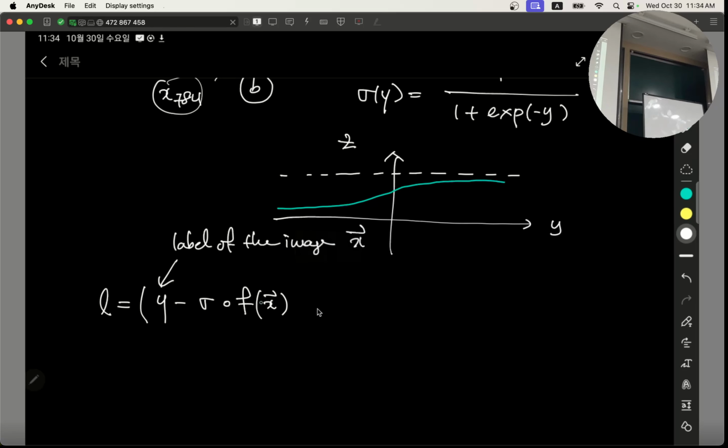If I just take the difference, it could be negative or positive, and that doesn't have real meaning. The important thing is the distance, how far your prediction is from the answer. So what we really need is the absolute value of the difference of these two numbers.